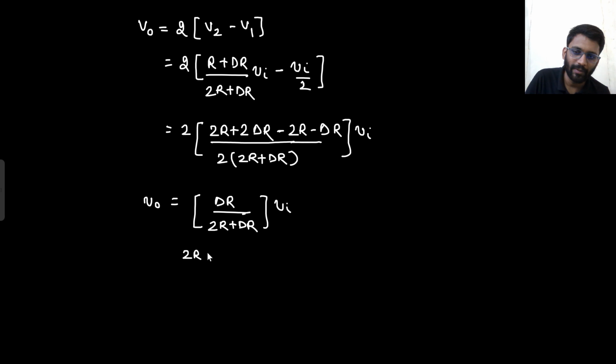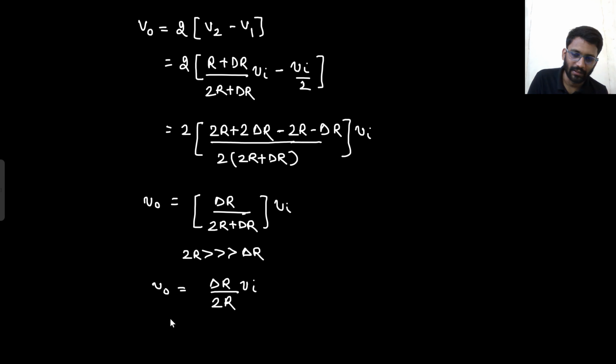So here 2R will be very much greater than delta R, right? Because resistance values typically will be larger and the change will not be that high. The change in the resistance will not be that high. So 2R will be very much greater than delta R. So what I can replace is that V naught will be equal to delta R by 2R into Vin.